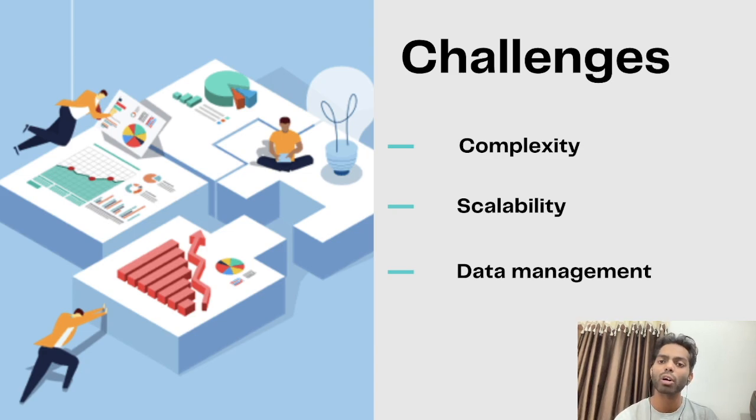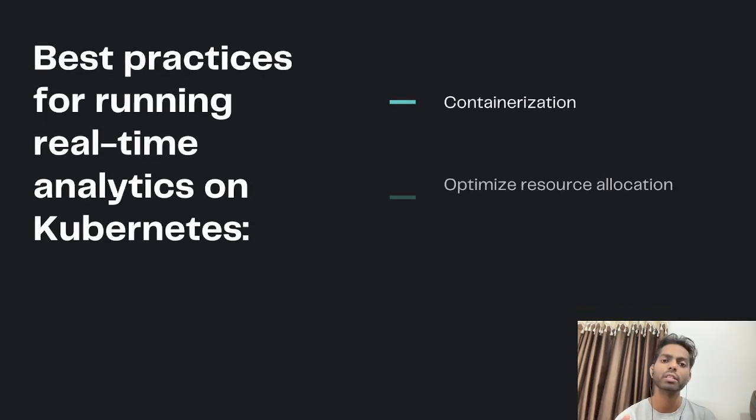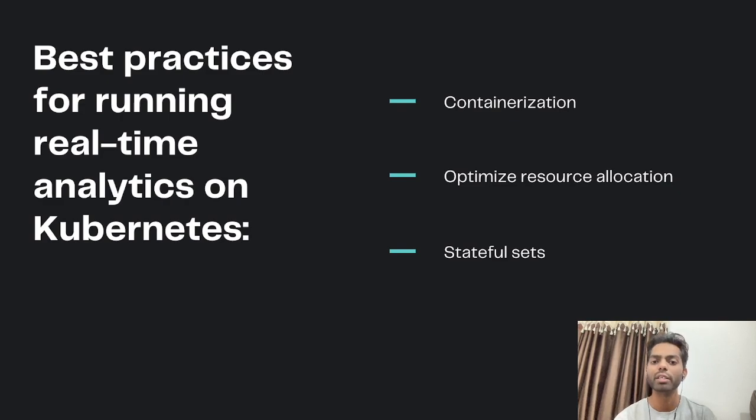Now let's talk about some best practices for running real-time analytics on Kubernetes. First we have containerization. Real-time analytics applications should be containerized using Docker technology to ensure consistency and portability across different environments. This also enables easy deployment and scaling using Kubernetes. Next, we have optimized resource allocation.